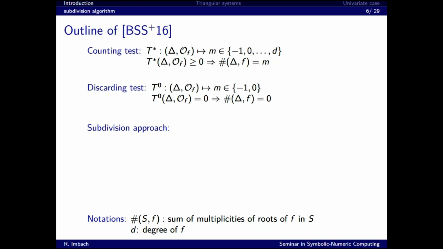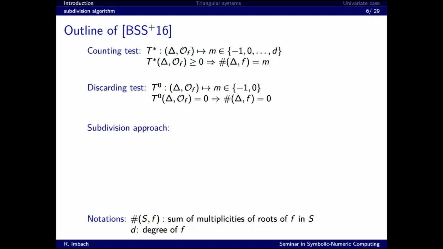Now, let me outline the algorithm for the univariate case. We suppose that we have two tests. A test for counting the number of solutions in a complex disk. The complex disk will be here delta. The test is called T star.